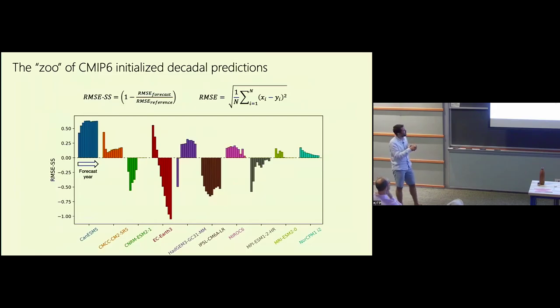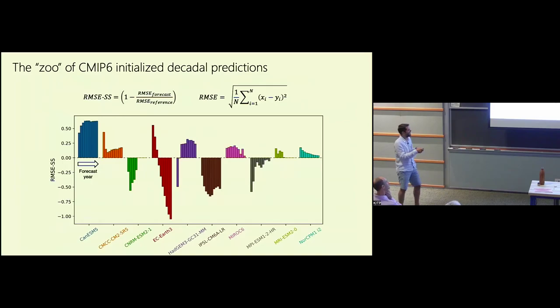And what you would expect normally is that the root mean square skill score would be high at initial time and would decrease back to climatology, towards zero, as time progresses. And here we have all possible types of behaviors.